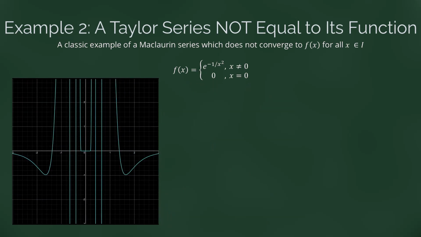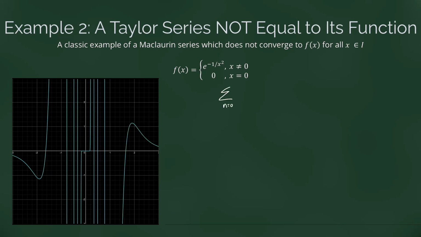Since the definition of our Maclaurin series is going to be the sum from n equals 0 to infinity of f to the n of a over n factorial times x to the n, given that f to the n of 0 is equal to 0 for all n, this becomes the sum from n equals 0 to infinity of 0.